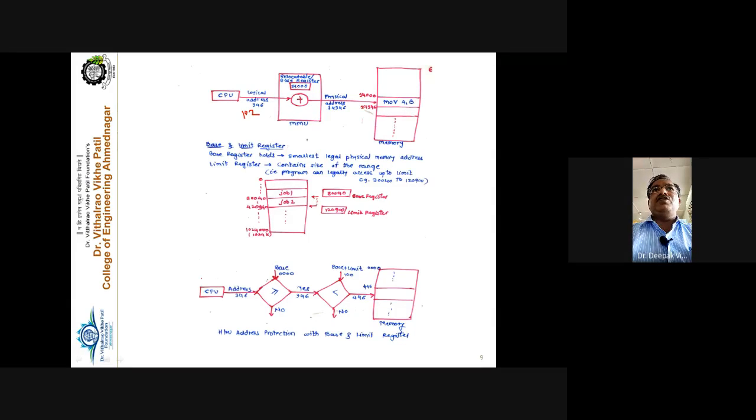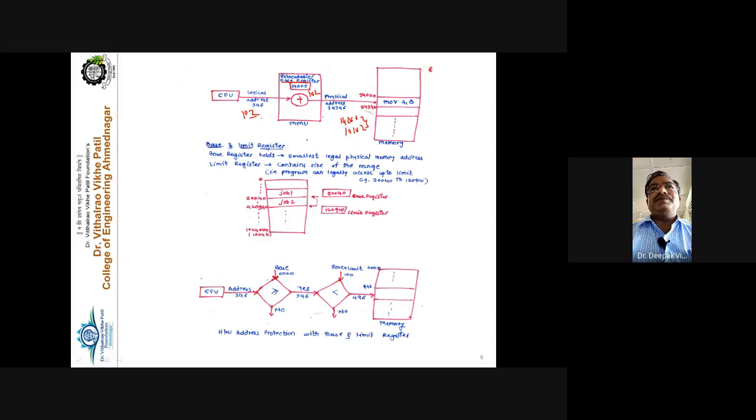Say the value of the relocation register is 14000, so we can have 14000 and the next limit is 14102. This is the memory location where that instruction is loaded and from which it is executed. This is the value of the base register and this is the value of the limit register.